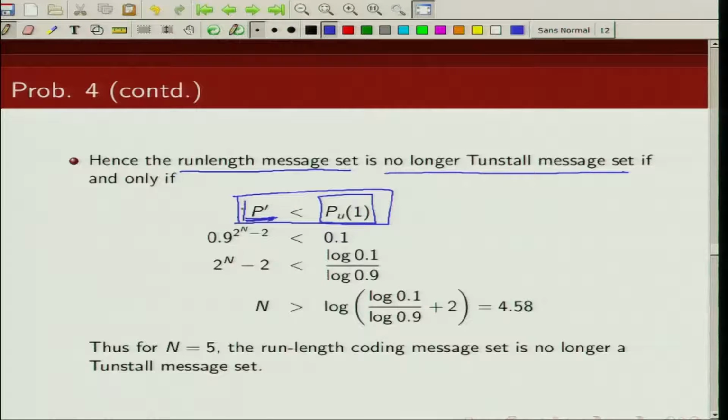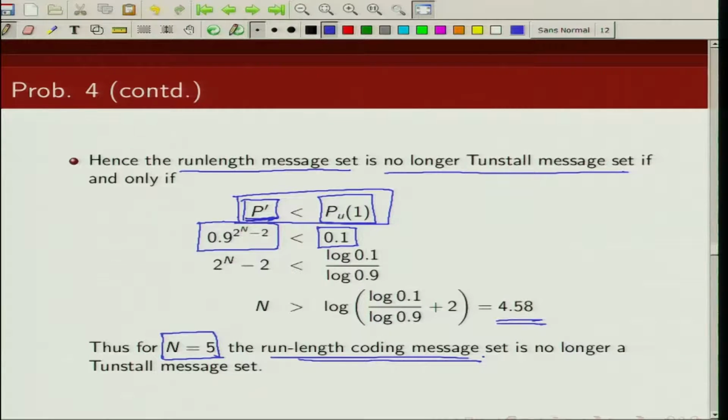And what is this intermediate probability? That intermediate probability is given by this, we have just calculated, and the probability of 1 is given by this. So after simplification, what we get is n should be greater than this. That means if n is greater than 5, then run length coding is no longer going to be a Tunstall message set.